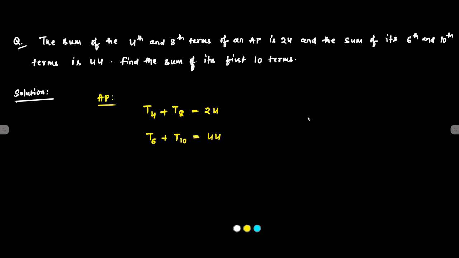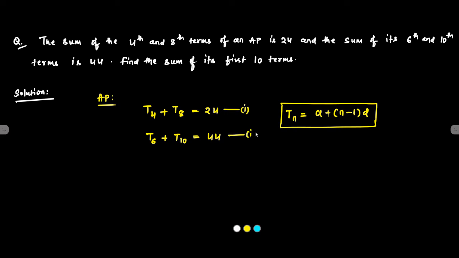So here we have to find out the value of the first term A and the common difference D. So we know the general nth term formula Tn is equal to A plus (n minus 1) into D. So this is the first relationship, this is the second relationship.